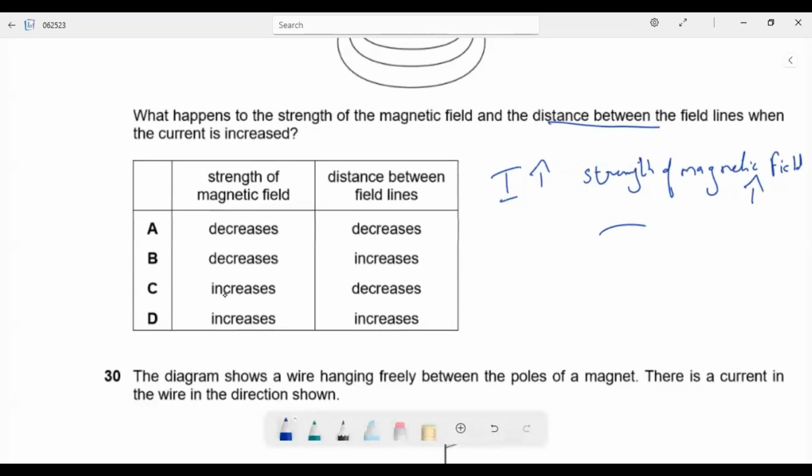And the magnetic lines of force will be closer together. That means the distance between the magnetic lines of force gets decreased. Strength will increase as current increases. Distance between the field lines will decrease as current increases. C is the right answer.